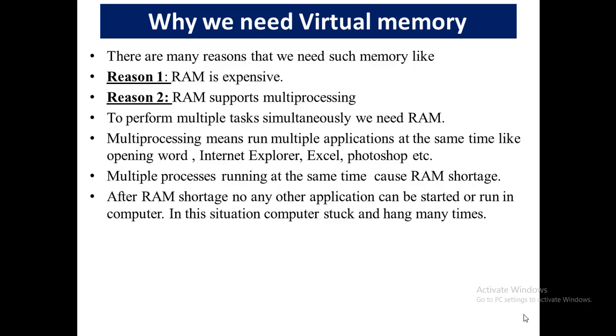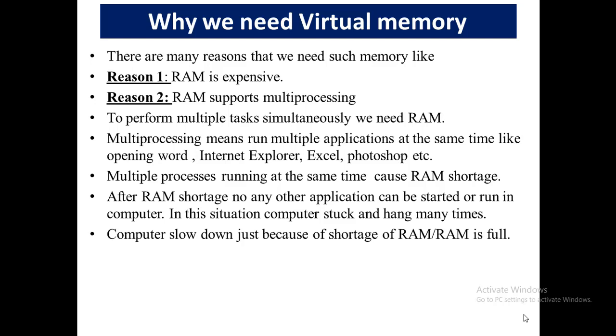In this situation, computers often get stuck and hang many times, and it decreases the performance of the computer and slows down its operations. Computers slow down just because of the shortage of RAM, because RAM is full.